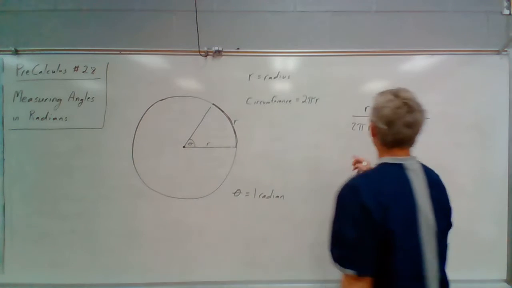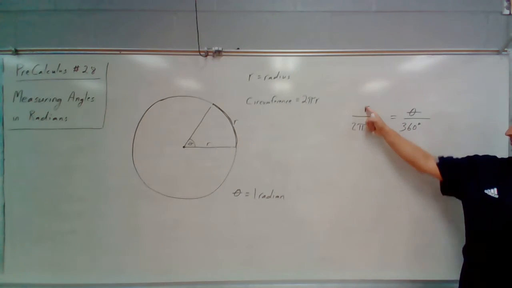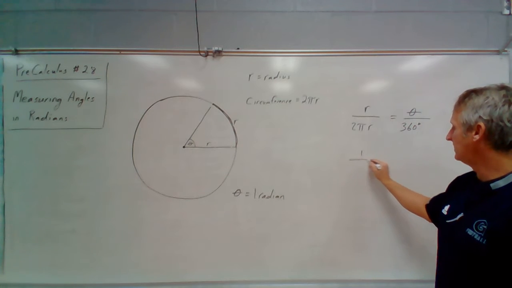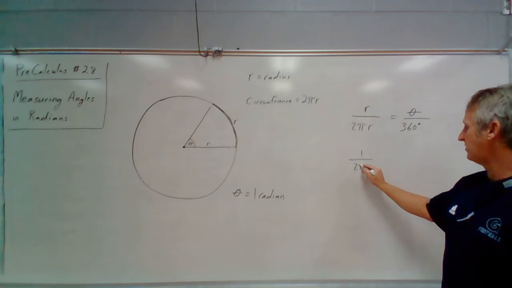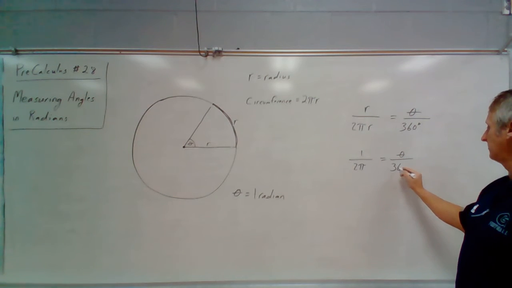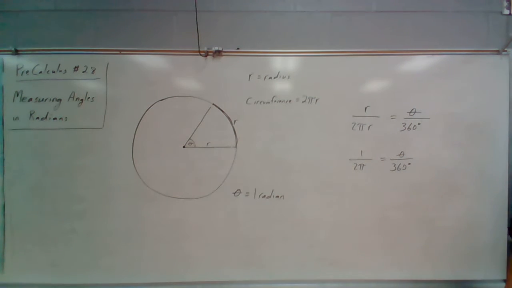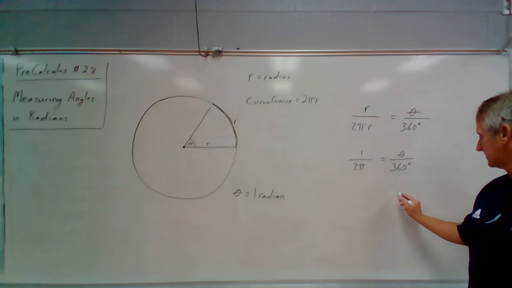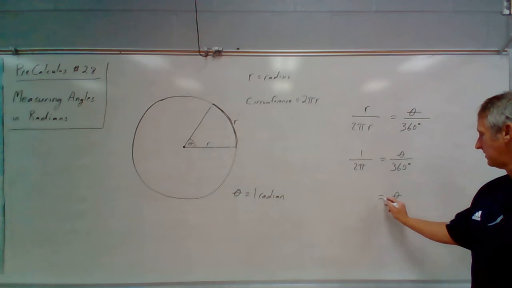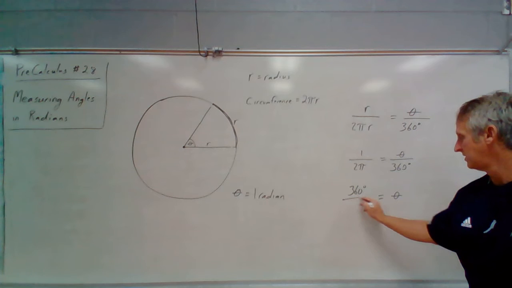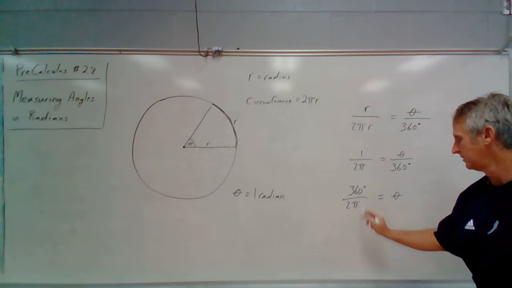All right, let's see what we can do with this. So I can cross out the r's. Okay, that simplifies, and I'll have 1 over 2 pi is equal to theta over 360 degrees. Okay, let's solve this for theta. So theta would equal 360 degrees over 2 pi.